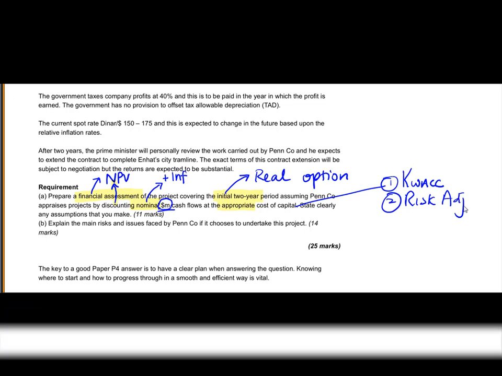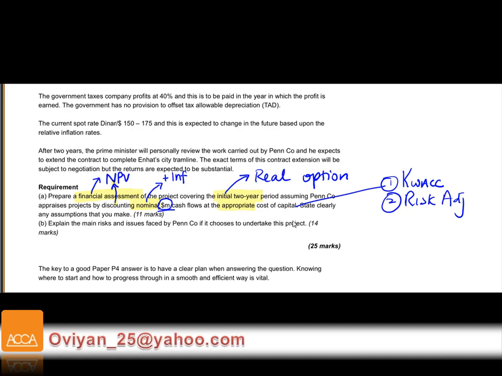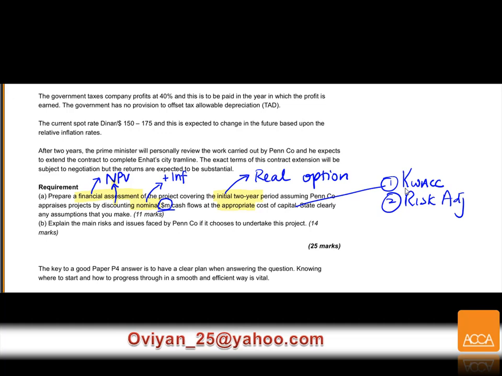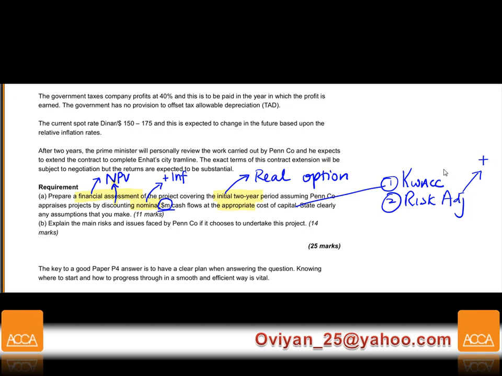Then you use risk adjusted WACC, but the business risk is going to change. You must remember that this is a foreign investment, so there would definitely be some changes in the business risk. It could go up, leading to an increase in your WACC, or it could go down, leading to a decrease in your WACC.